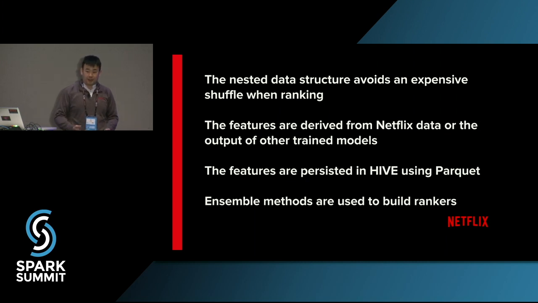That is relatively expensive. So we group them together in a nested structure, so when you do the ranking, it's already within the same row. Basically, it can avoid a huge shuffle, and that is pretty efficient. And the features we have can be derived from some business logic, or they can be the output of other models.